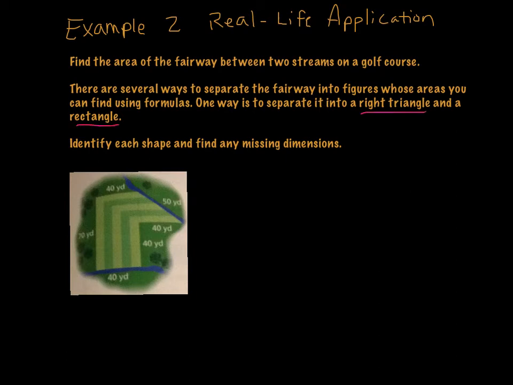And all they do is just draw a nice line straight down and they separate it. So now I have this rectangle and a right triangle. So now I'm going to redraw that over on the right and show you how to find out what everything is. Because look, they give us all the dimensions right here. We just got to kind of put them in place.